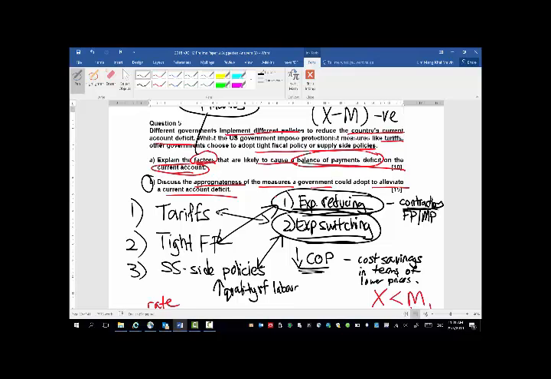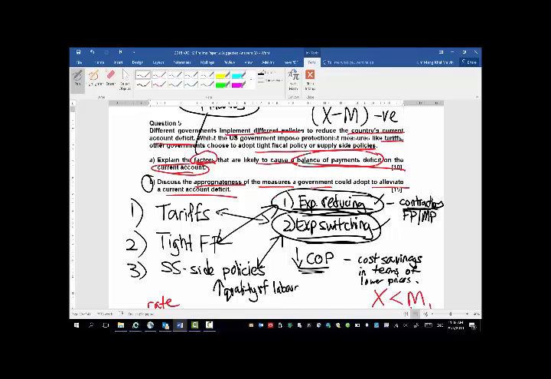So it's not just about pricing, it's also about in terms of quality. Understand how this works? So that's the real intent as to the two category of your policies that we use to address your deficit.